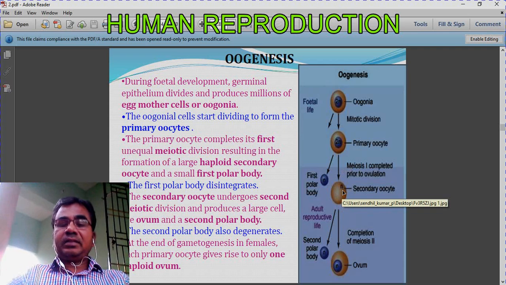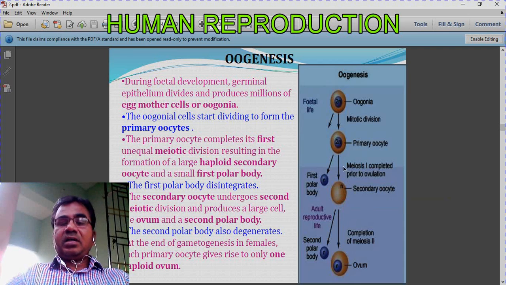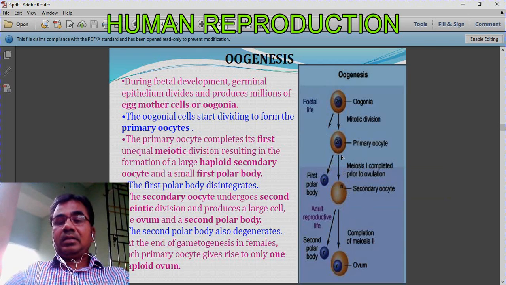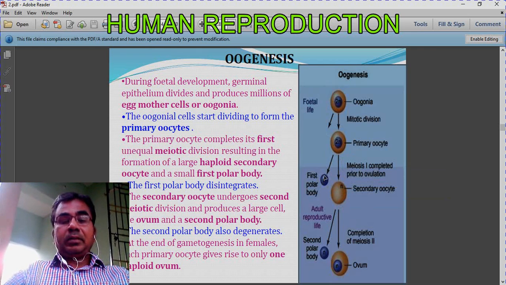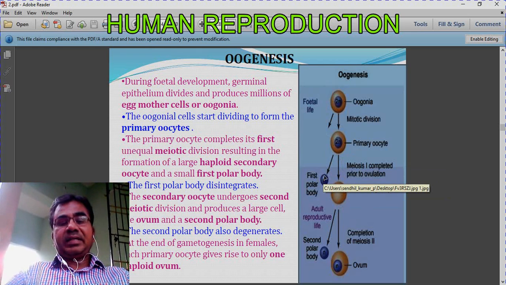Okay, the first meiotic division is over. The first meiotic division gives rise to two unequal cells. One is a large secondary oocyte, and the other is a small cell, the first polar body, and the polar body will disintegrate.